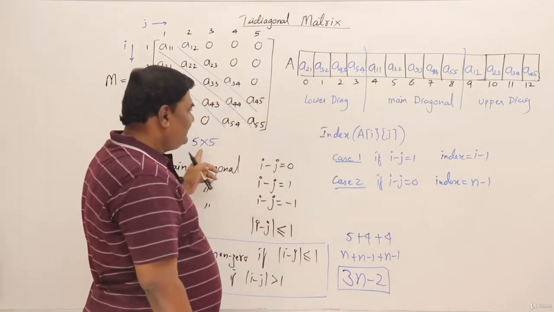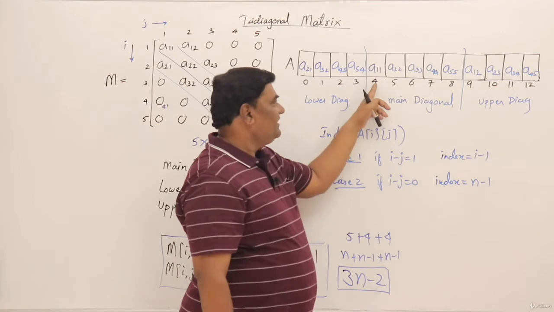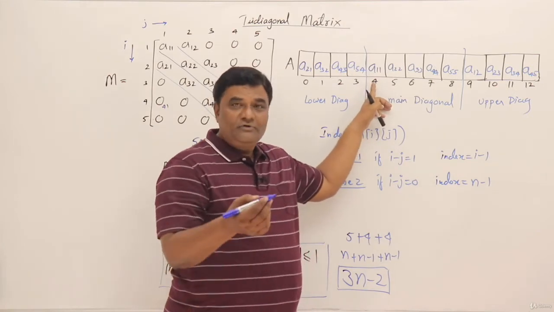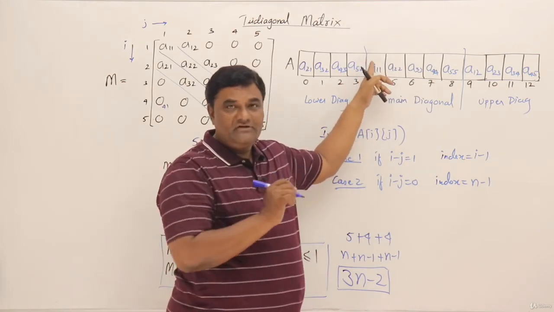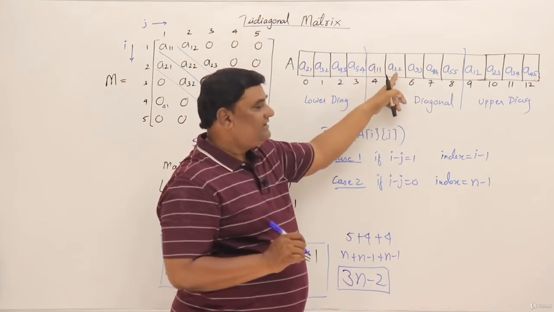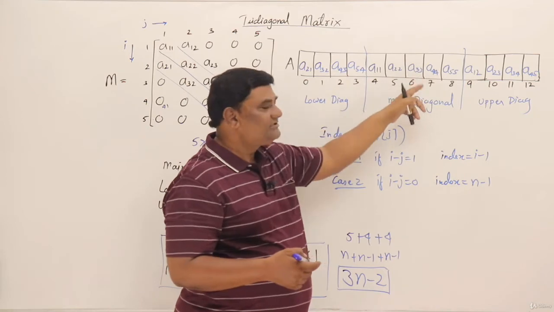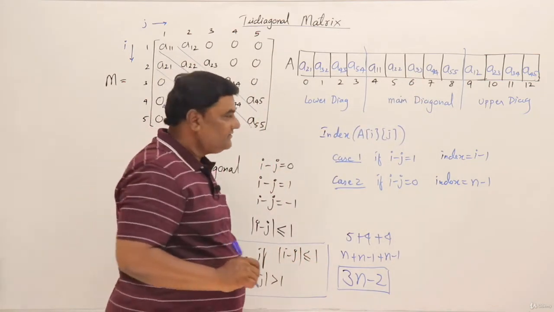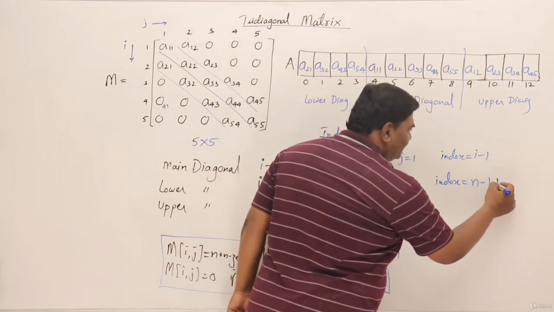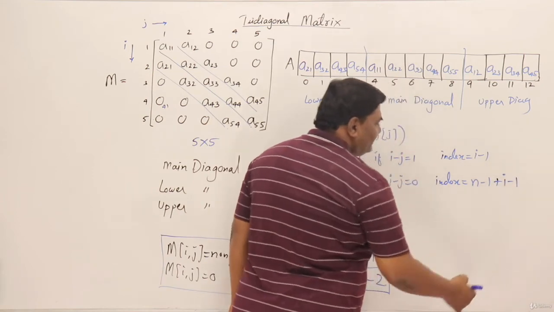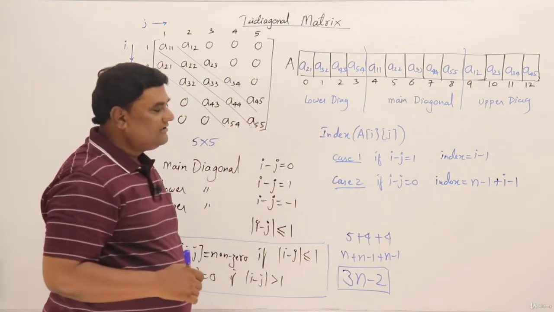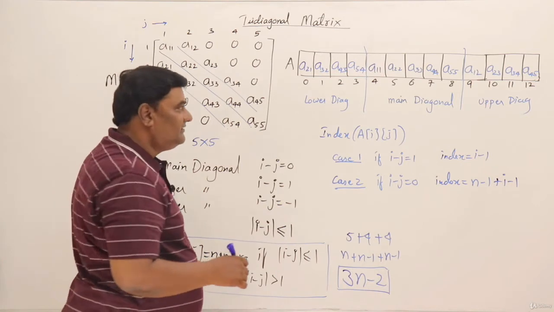In our example, n is 5, so 5 minus 1, 4, so we are here. If you want the first element, don't move at all. If you want the second element, i is 2, then move 1. If i is 3, then move 2 spaces. So it's i minus 1. n minus 1 plus i minus 1 will be the formula for elements of the main diagonal.